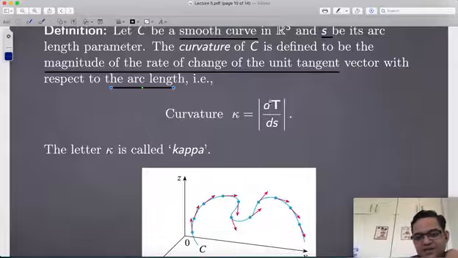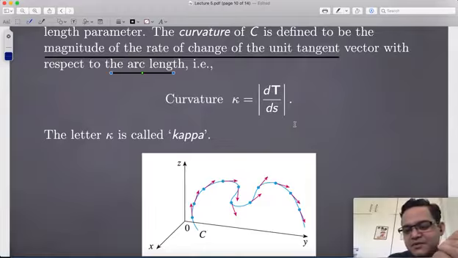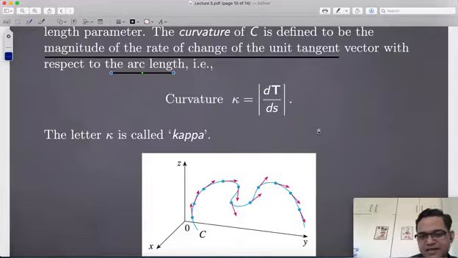Now this unit tangent vector, you already know how to compute, and the derivative also you know how to compute. But sometimes we have a curve given by its parametric equation, so we have to compute T first. So now we will try to simplify this formula in such a way that it involves only the position vector and maybe its derivative.